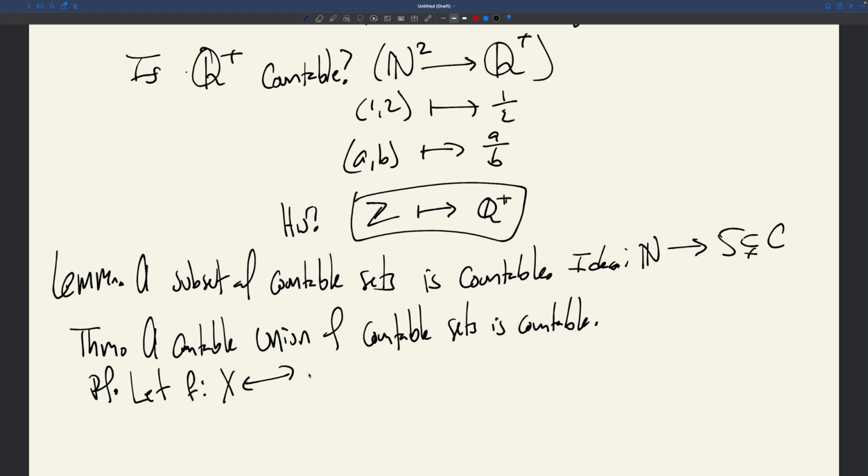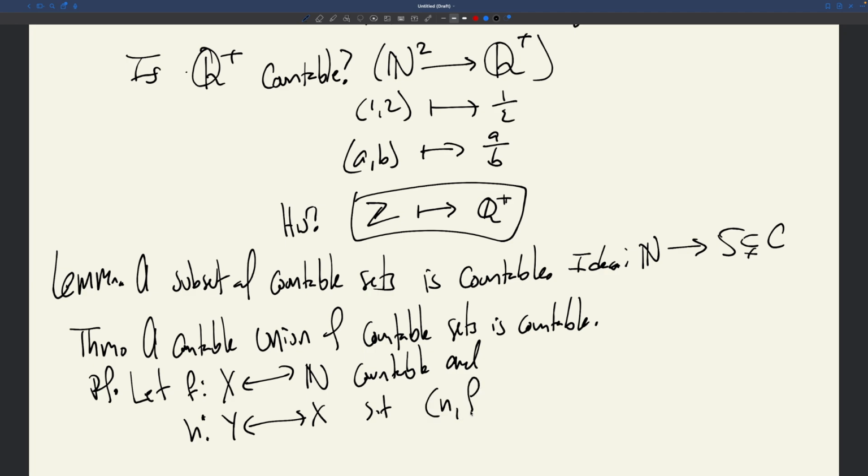But suppose that we have X is a countable set, and H, which goes from Y to X, such that NF is countable.